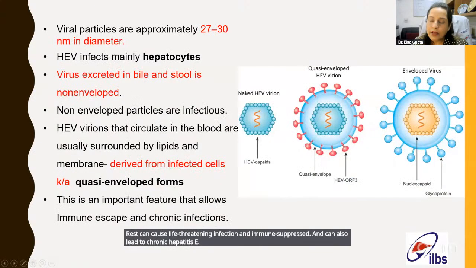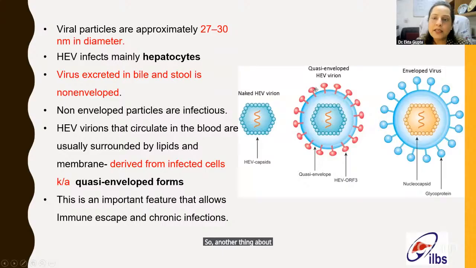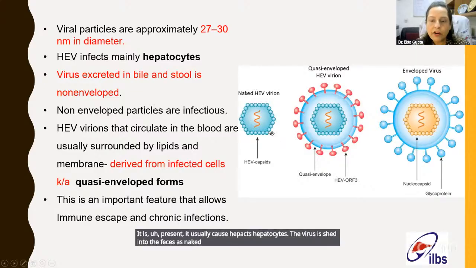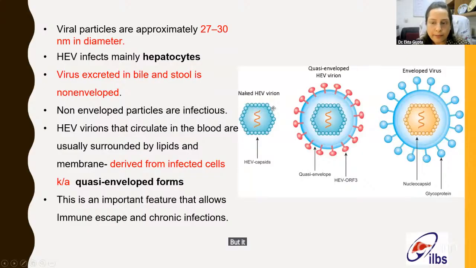Another thing about hepatitis E is its existence in the body. It usually infects hepatocytes. The virus is shed into the feces as a naked HEV virion, which is capable of causing infection. So it's a single stranded RNA virus, but it has just got a capsid.